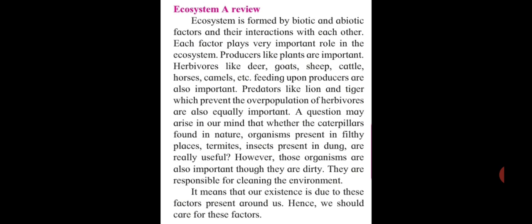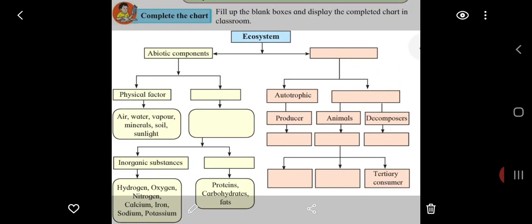Consumers are dependent on producers, and all together this maintains the balance in our ecosystem. If you see the last line of this paragraph, it says that our existence is due to these factors present around us, and we should take care of these factors. If we don't take care of these factors, the balance in our ecosystem will get disturbed, and that will affect our life.